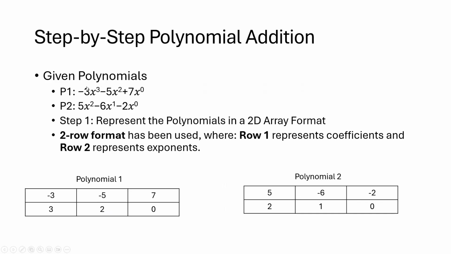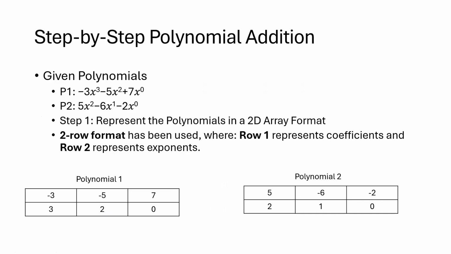So all the elements of the first polynomial will appear as they are in the resultant polynomial, and this will happen for the second polynomial also. So the worst case length of my resultant polynomial will be length of P1 plus length of P2. Okay, so we will create one temporary storage to hold the resultant polynomial.